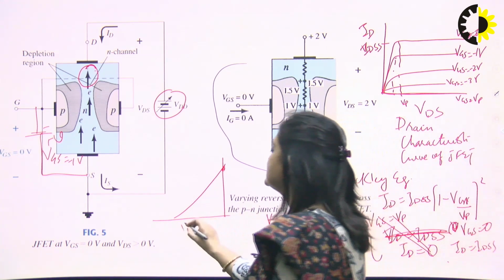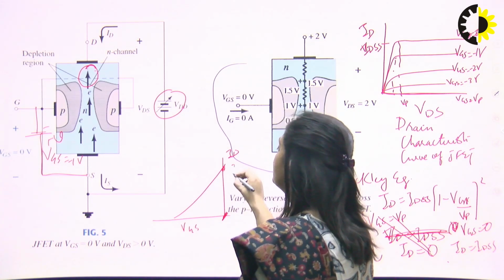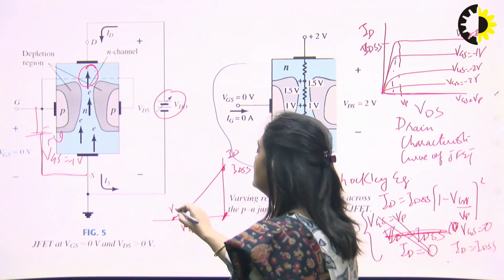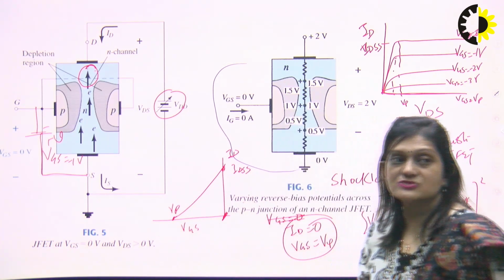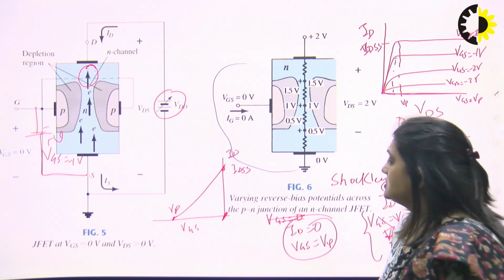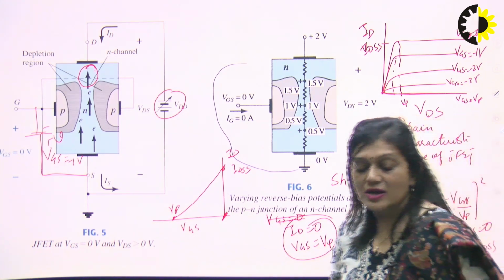Because this axis is VGS and this axis is ID, here VGS is 0 and this will be equal to IDSS, and here ID is 0 when VGS equals Vp. So this is the transfer characteristics curve that we have plotted. Similarly we can plot this for the P channel also.